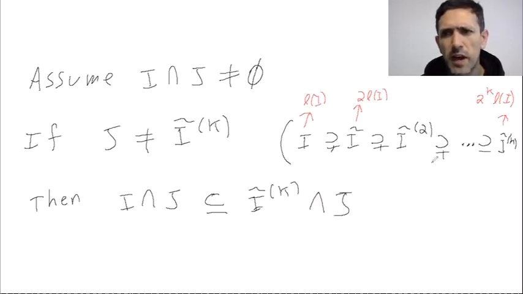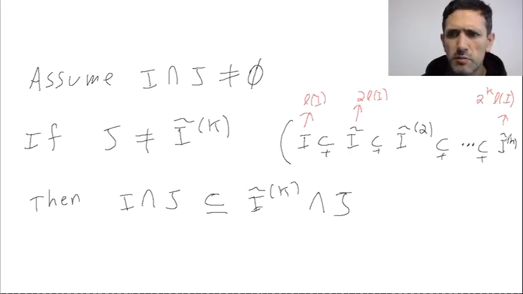Sorry, these are going the wrong way. Sorry about that. Okay, yeah. So this is larger. So this is possibly a larger set. Okay. So if this is not empty, then this is not empty.